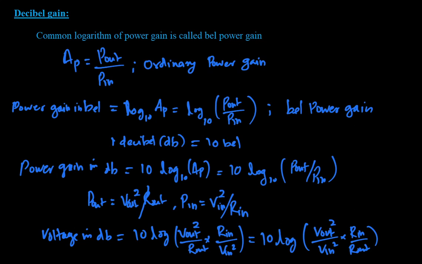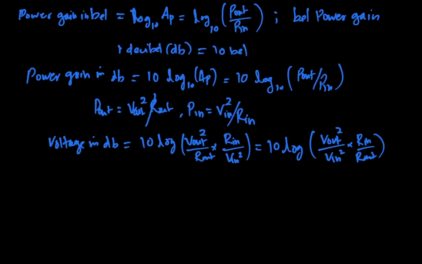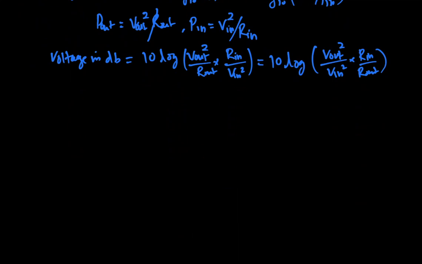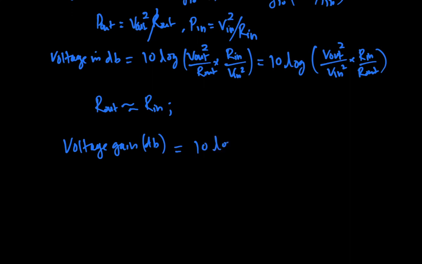But we know that the ratio of the input and output resistances of a common emitter transistor amplifier is almost comparable, and if we assume that R out is approximately equal to R in, then the expression for the voltage gain in decibel unit will be equal to 10 log V out divided by V in all square.